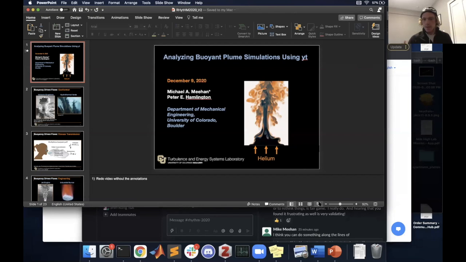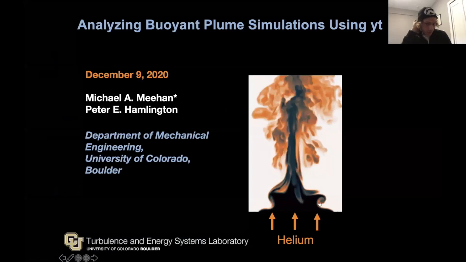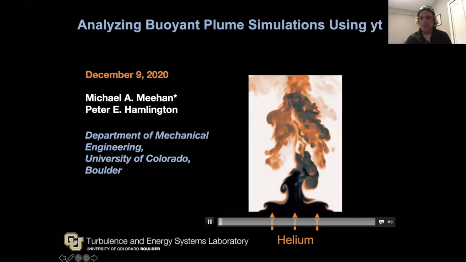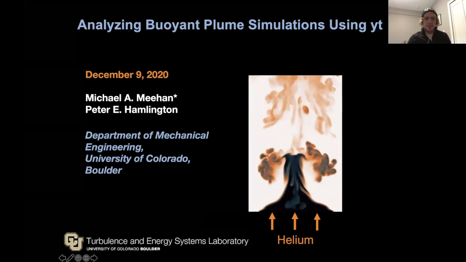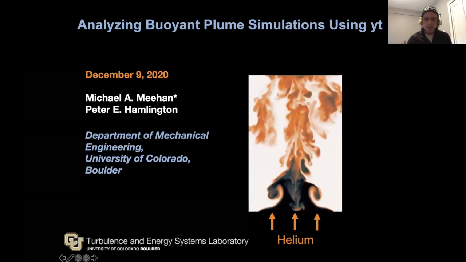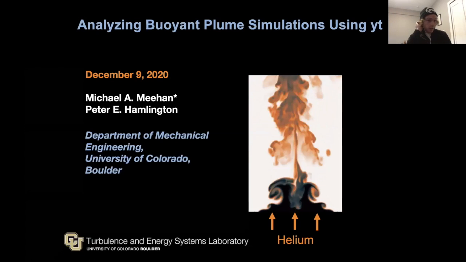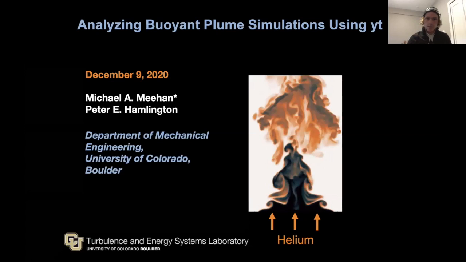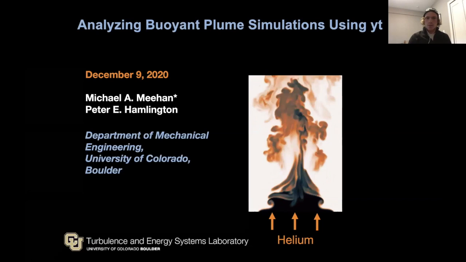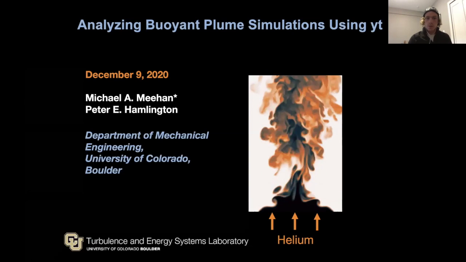So yeah, my talk is going to be completely different than anything else that I've seen, and I'm part of the 25% that is other as far as astronomy goes. So today I'm going to be talking about some of the simulations that we do on buoyant plumes.